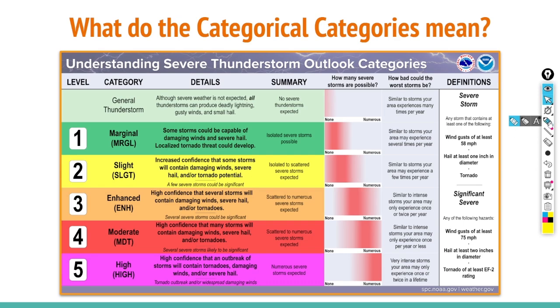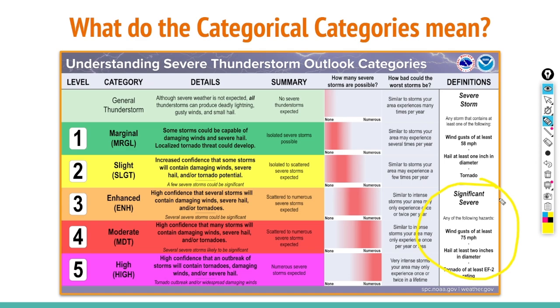But some things to clarify here are severe storms. A severe thunderstorm is defined as 58-mile-per-hour winds or more, hail an inch in diameter or more, or a tornado. The significant severe, which we'll talk about more in the next slide, is that hatched region you see on the outlooks.